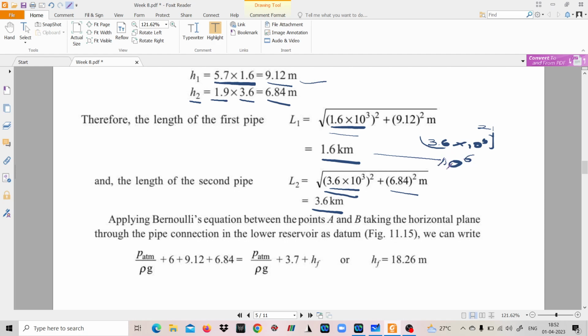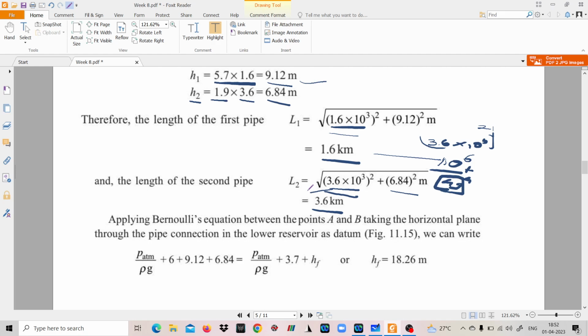With a quantity as high as 10 to the power 6, when you are adding something like, say, 6.84, let us say 7 square, 49, the final quantity will be very close to 10 to the power 6 only, and therefore these two are almost the same: the length of the pipeline and the horizontal distance.